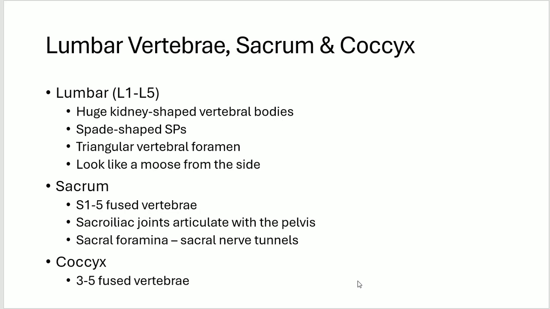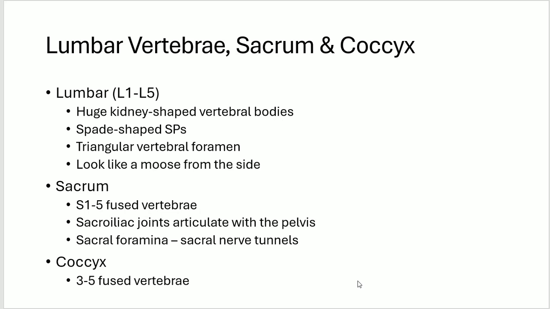Sacral nerve tunnels, they allow nerves through to get to the lower body, right? Wherever they need to go. And then we have the coccyx, which in most people is 3 fused vertebra, can be up to 5, but I want you guys to know it as 3 fused vertebra for the coccyx.